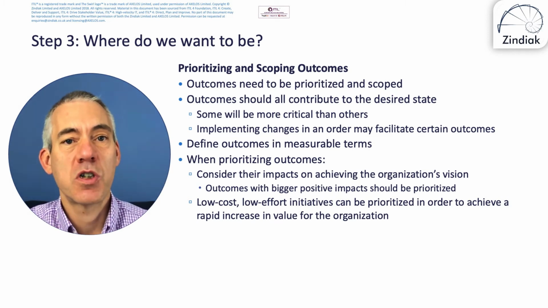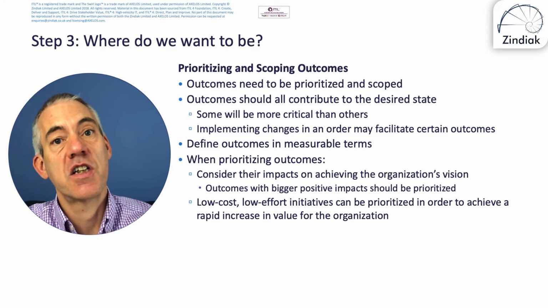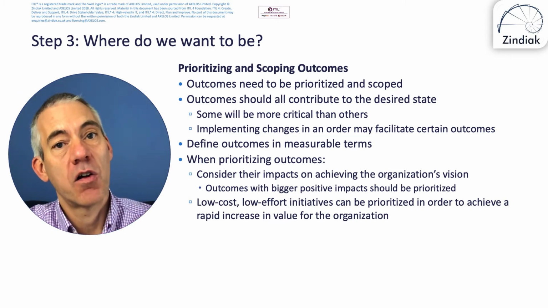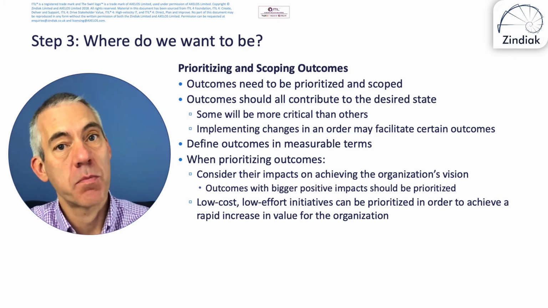And it's important to remember that we may have a product backlog for the improvement initiative as a whole, for the vision, but we've got a backlog for this sprint, for this step, and they're different, and the priorities might be different.